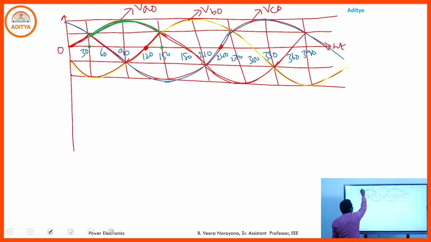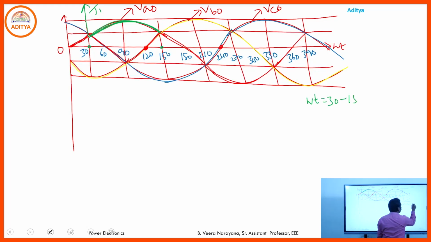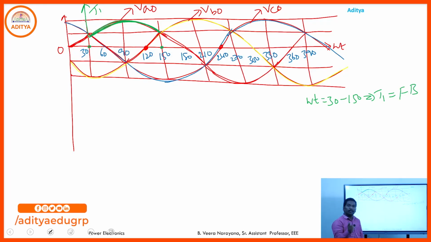So from 30 onwards, T1 comes to the forward biasing. So from 30 to 150, T1 is in forward bias. So here from omega t equals 30 to 150, T1 is in forward bias. Remaining T2, T3 are in reverse bias.